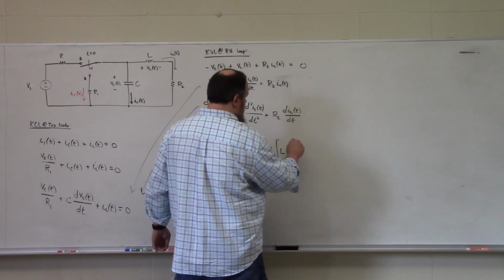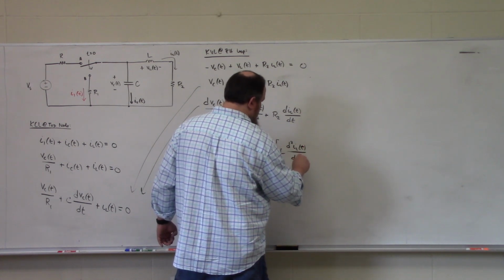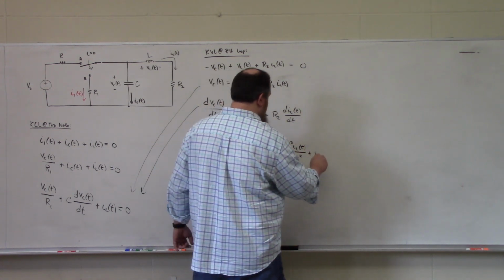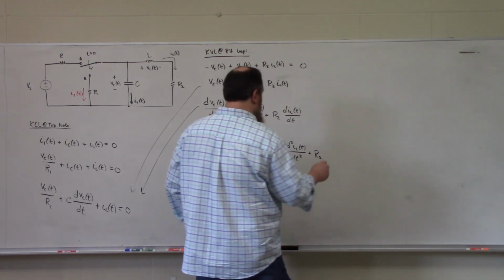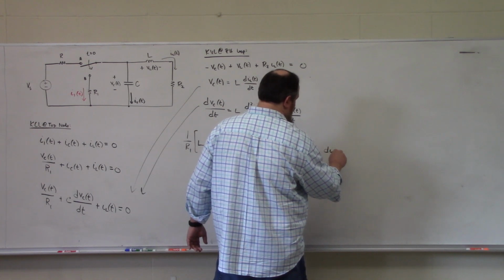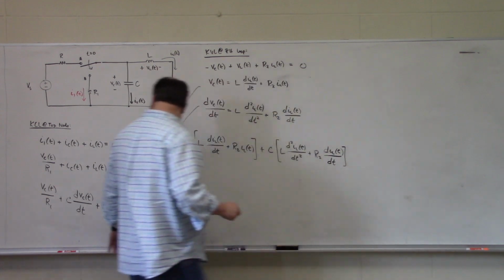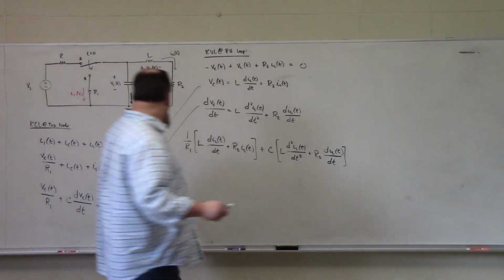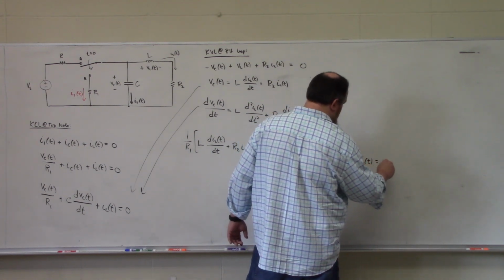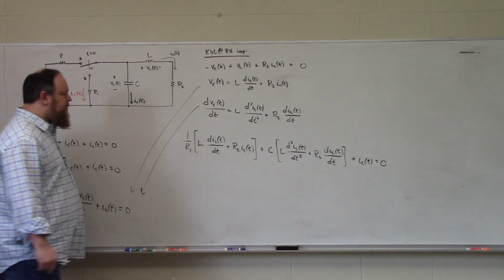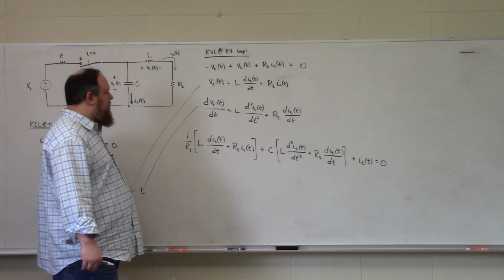L second derivative IL of t dt squared plus R2 first derivative plus IL of t is equal to 0. And now it's really just algebra getting things to look like they're in the proper form.